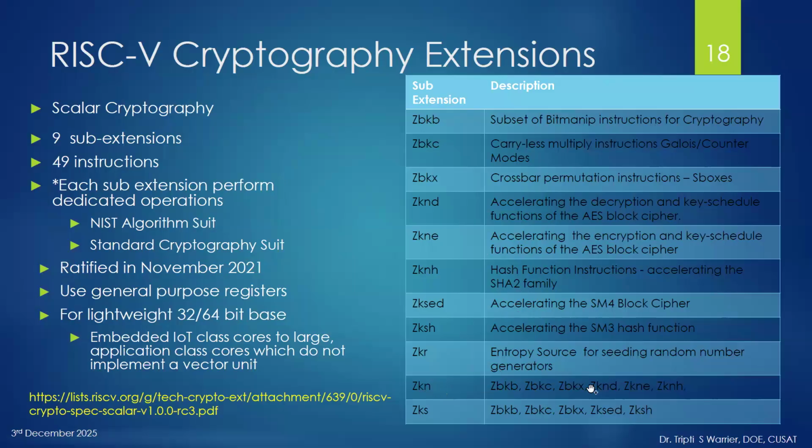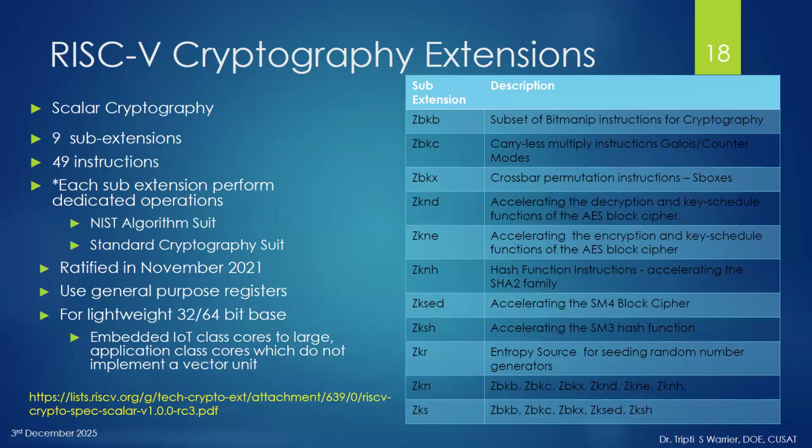The ZKN that I'm showing here has a subset of this. This is the NIST suite. So this is another subset. You can choose. When you say standard set, it is called ZK. Each instruction extension in RISC-V has been given a name. So ZK is the whole instruction suite of scalar cryptography.